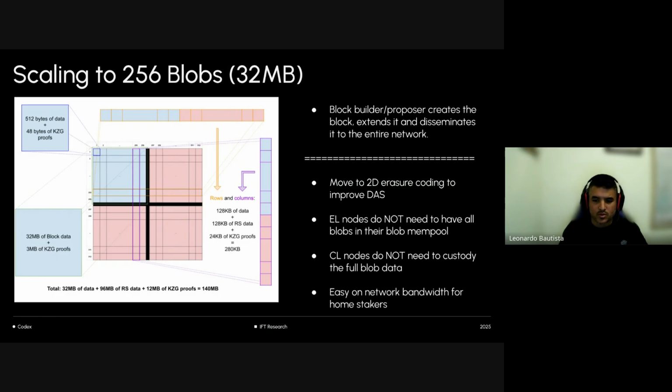And the whole protocol should be easy on network bandwidth for home stakers. That means if you have to propose a block, hopefully you don't have to send 128 megabytes of data to the entire network in order to propose your block. So that's the idea, the objectives here.